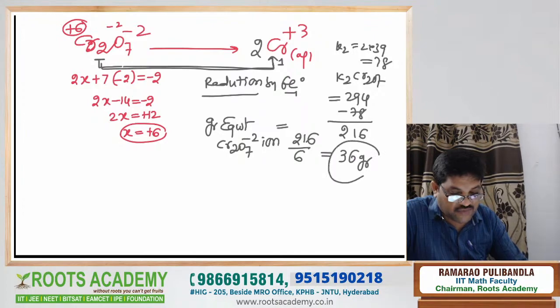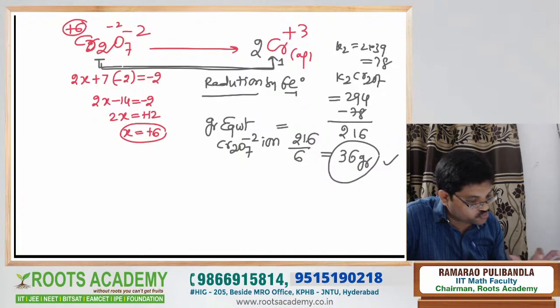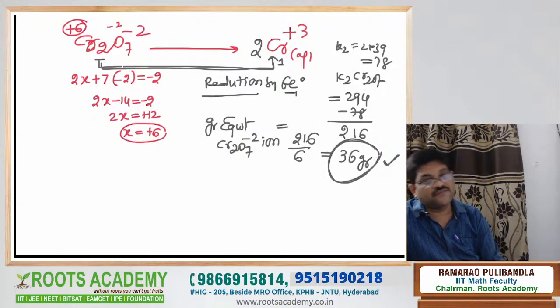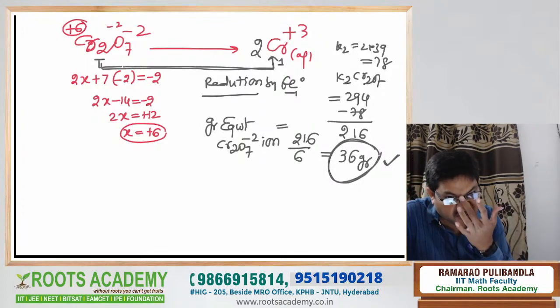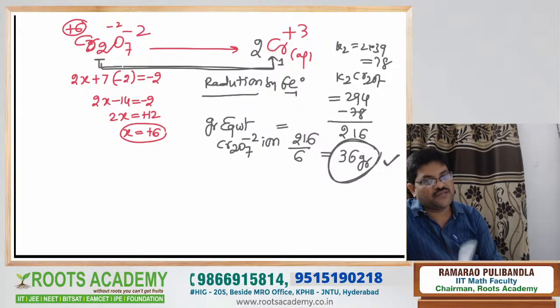This is the gram equivalent weight of Cr2O7 2-, which is 36. Simple logic, no confusion. With respect to chromium, 2 moles of Cr plus 3, reduction by 6 moles of electrons.